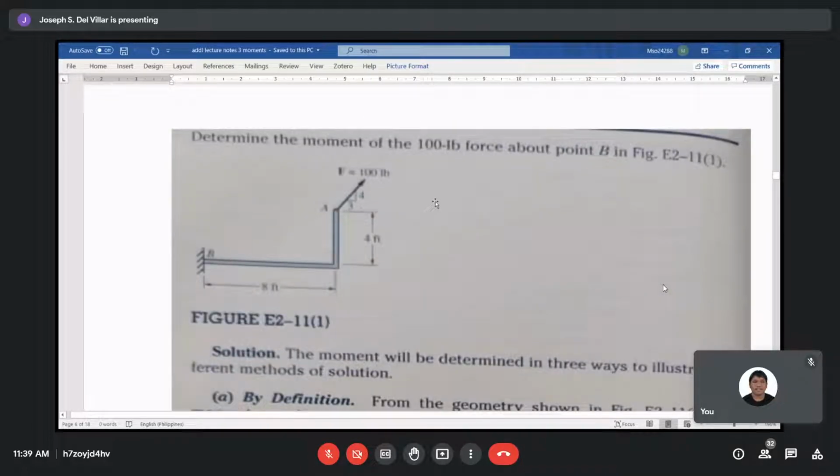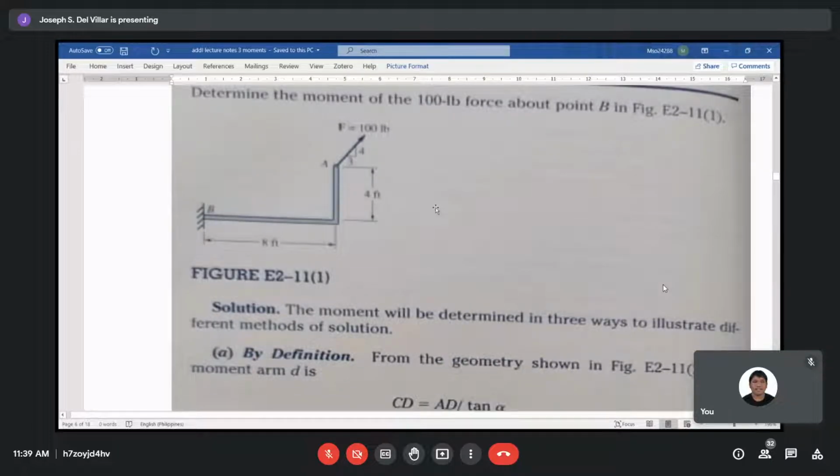Okay, so using Varignon's theorem, determine the moment. Varignon's muna tayo. Resolve the force at point A. So this is Fy and this is Fx.